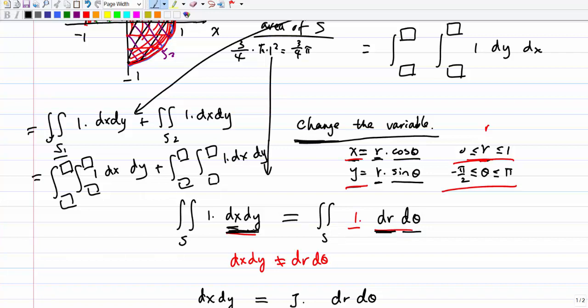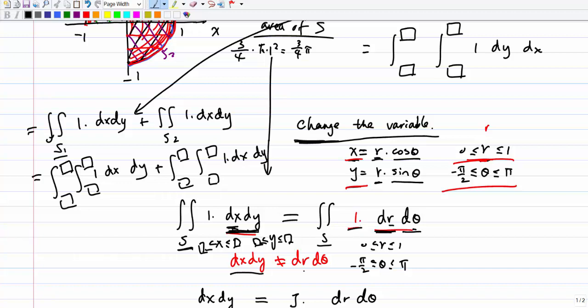With dx dy, it is so difficult to represent this area, since I would need to find x bounds and y bounds to represent S. Here it is easy to use r and theta, because r is just from 0 to 1 and theta is from negative pi over 2 to pi. Now the problem is, you cannot just put 1 over here.